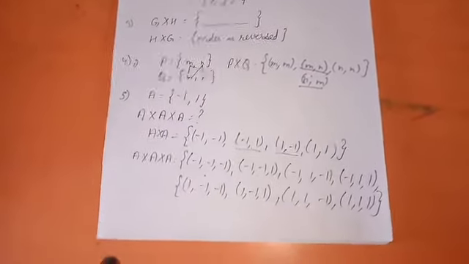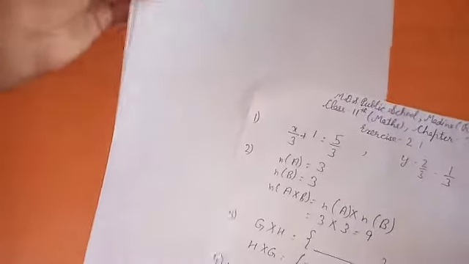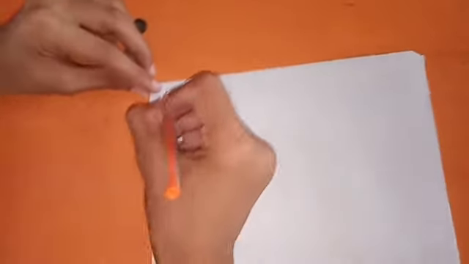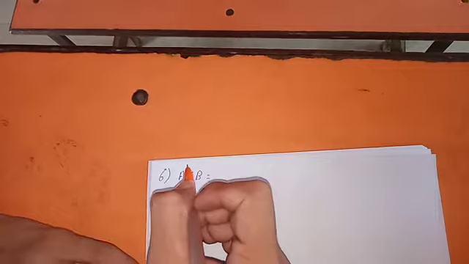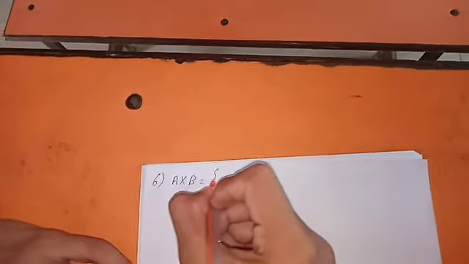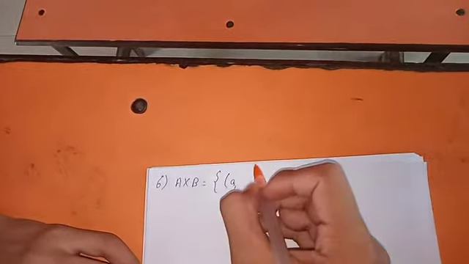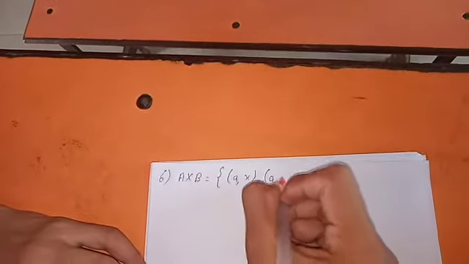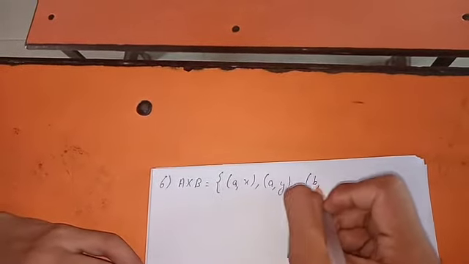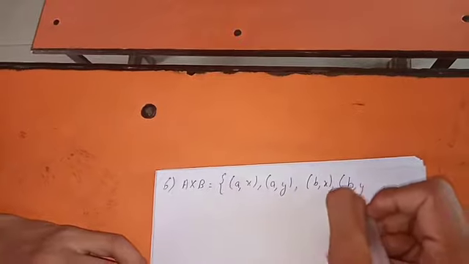Okay, now question number 6. It is given to us the ordered pair A cross B, that is AX, AY, BX and BY.